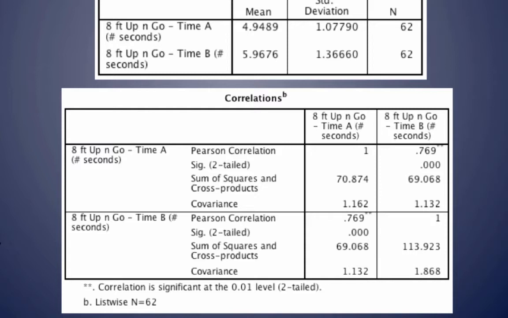So when we think about looking at test, retest reliability, in order for us to determine what our coefficient is, our reliability coefficient, we either have to hand calculate Pearson's correlation coefficient, or we look it up in an SPSS output like we do here.